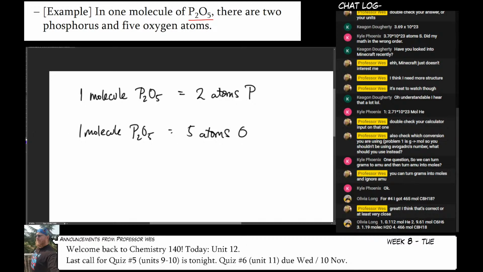What I'm going to do now is multiply them by a mole. And I'm going to do that for the bottom statement too. All right, we'll call this statement A and this one B.